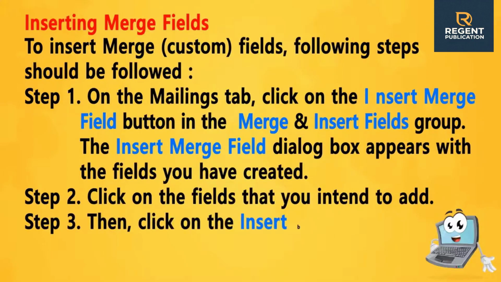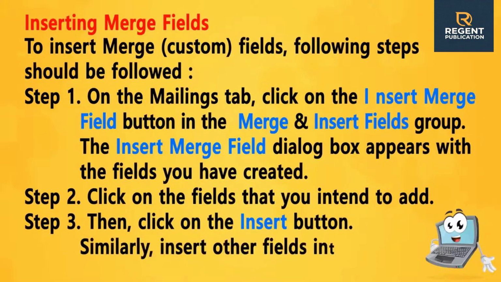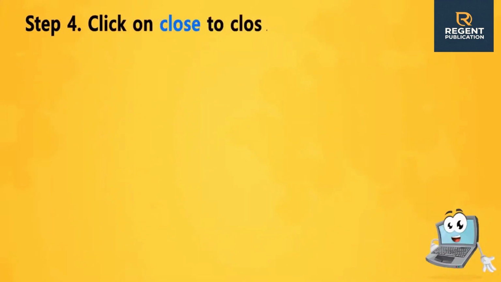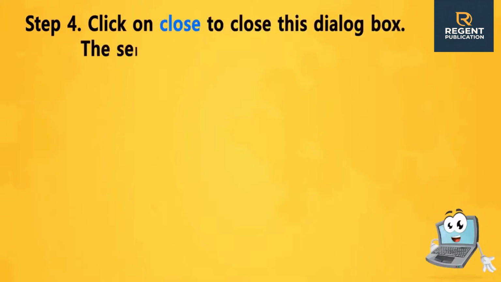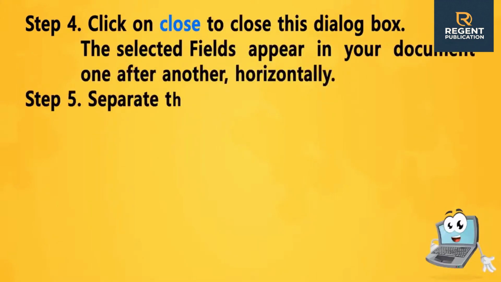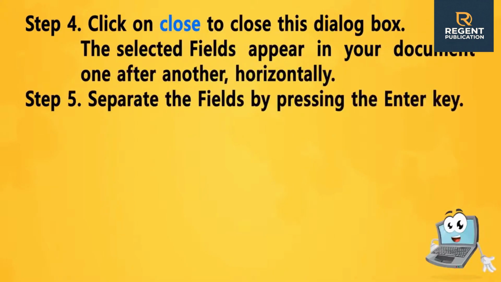Step 3. Then click on the Insert button. Similarly, insert other fields into the document. Step 4. Click on Close to close this dialog box. The selected fields appear in your document one after another horizontally. Step 5. Separate the fields by pressing the Enter key.